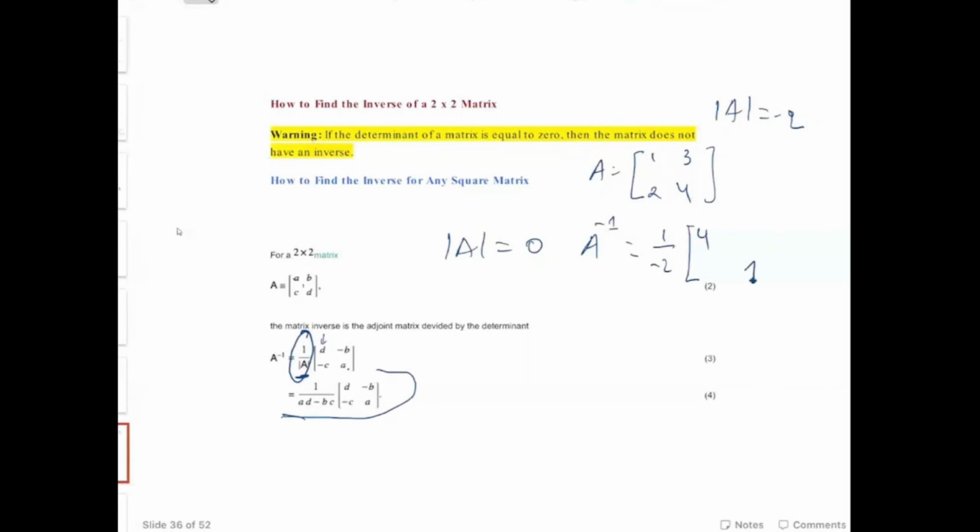And then we change the sign of our C and B. Our matrix will then be minus 2, 3 half, so plus 1, and minus 1 half.